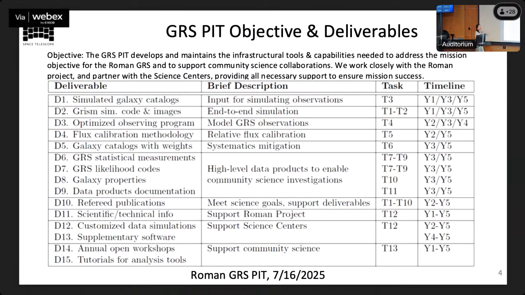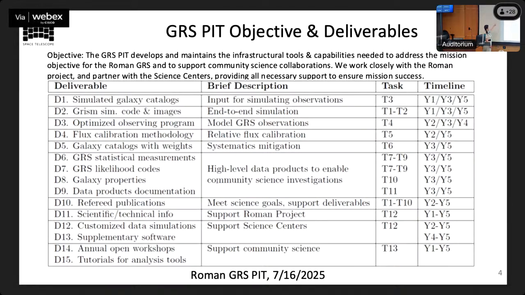This is what you really care about, of course. This is just from our proposal. The only thing that has changed is really the timeline, because when we proposed it was guesswork. Now we are actually well underway in all of our tasks. We've defined tasks based on the deliverables that we've identified.